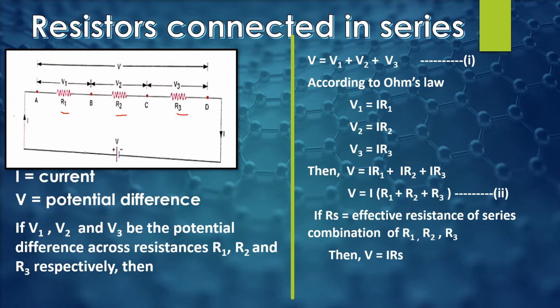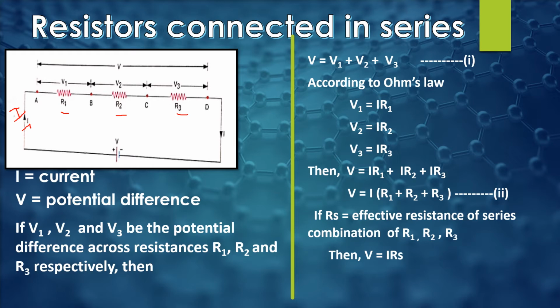Let I be the current flowing. So we have a current I flowing through each resistance and V be the potential difference across the combination of resistances. If V1, V2 and V3 are the potential differences across the resistances R1, R2 and R3, then we can say V equals V1 plus V2 plus V3.